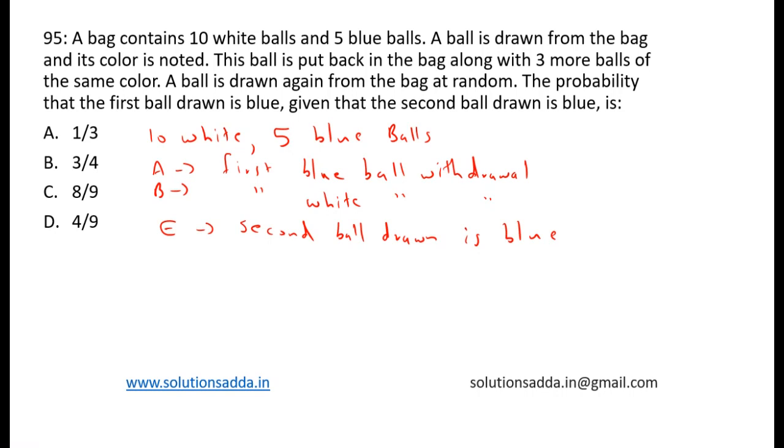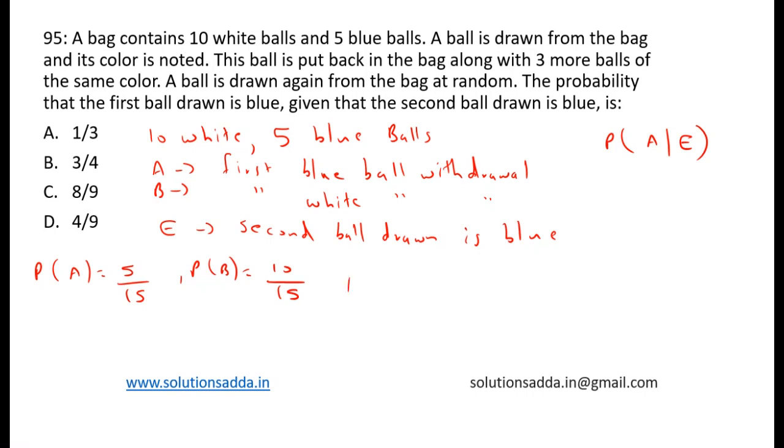So we are required to calculate P of A given E. What is the probability that the first ball drawn is blue? That is P of A equal to 5 by 15, as we have total 15 balls and 5 are blue. And P of B is 10 by 15, that is, from 15 balls we are having 10 white balls, so 10 by 15.